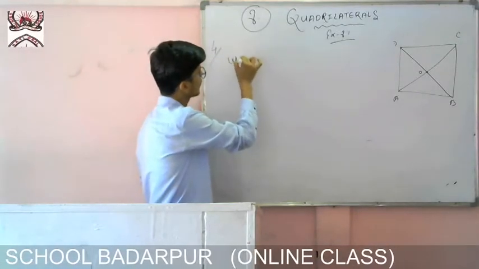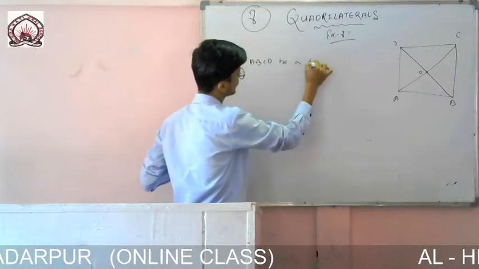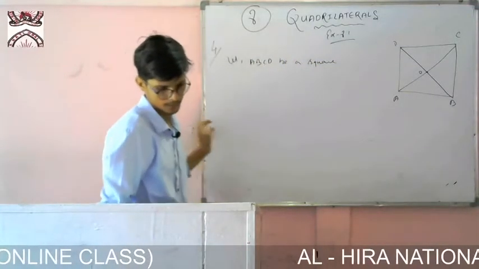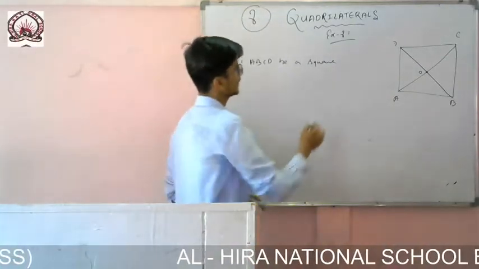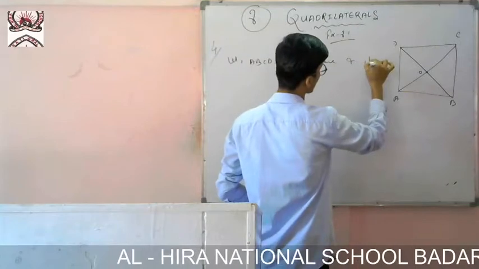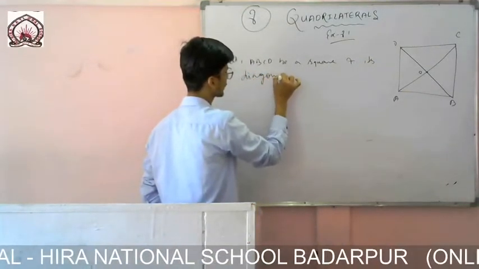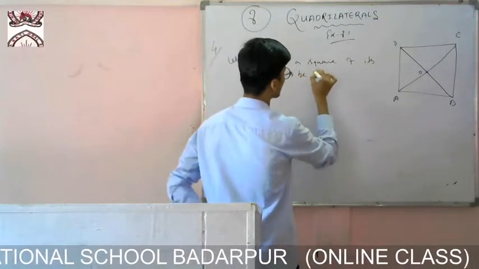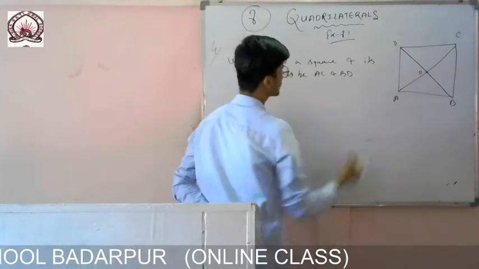So let us write like this: let ABCD be a square and its diagonals be AC and BD.